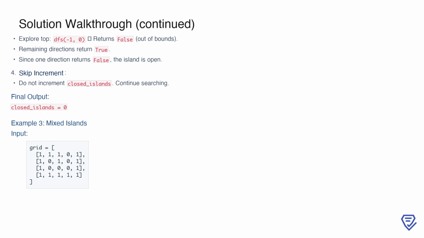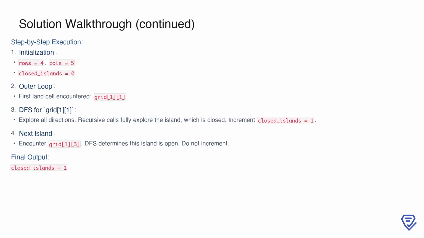Now, consider a slightly more complex example with a mix of both closed and open islands. In this mixed example, the grid has dimensions 4 by 5, and we initialize rows, cols, and closed_islands as usual. We begin iterating through the grid and encounter the first land cell at grid[1][1]. A depth-first search explores all directions from this cell, marking each visited land cell and fully traversing the island.